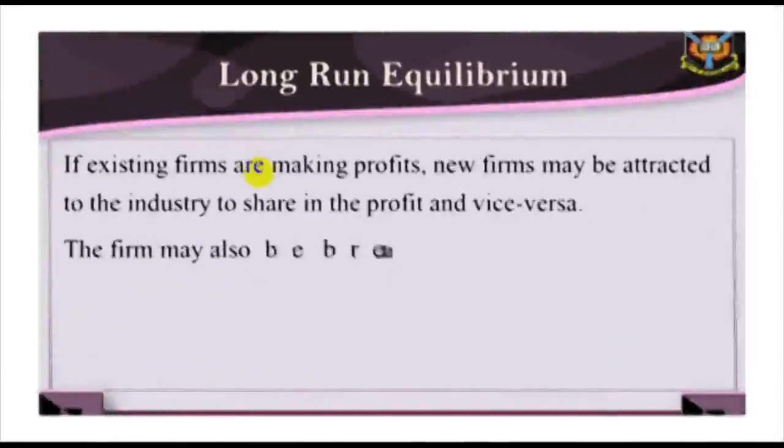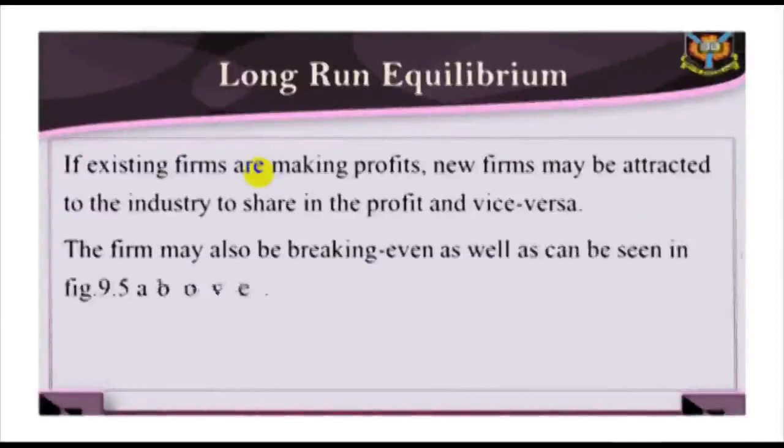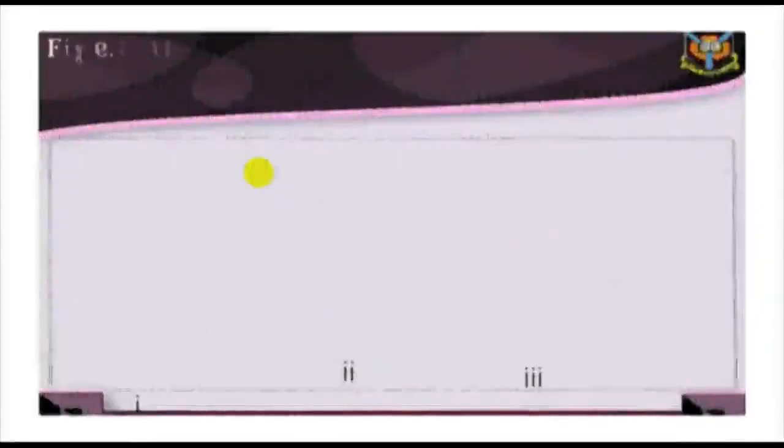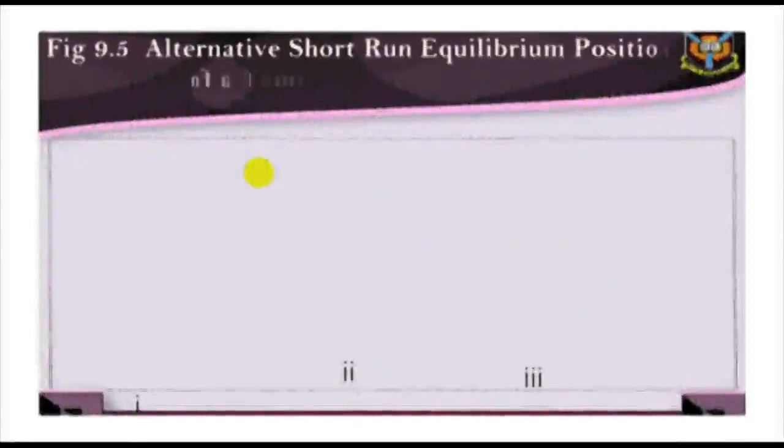On the other hand, if existing firms are making losses, some firms will leave the industry and seek better returns elsewhere. However, when firms are just breaking even, there is no incentive for other firms to enter the industry or for firms in the industry to leave.